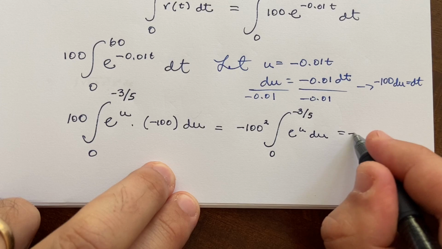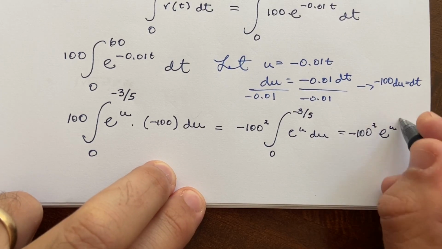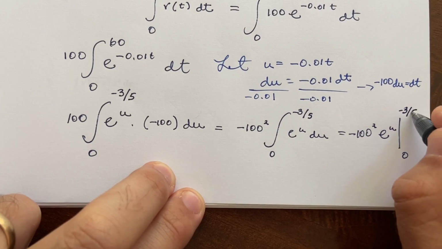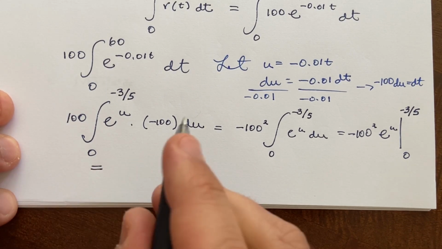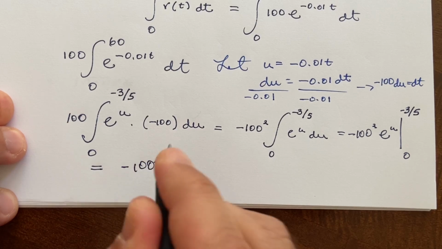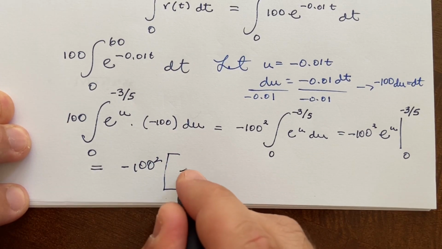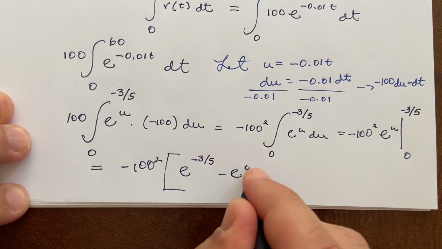So this would be equal to negative 100 squared times e to the u, and then evaluated from 0 to negative 3/5. So we would get negative 100 squared times e to the negative 3/5 minus e to the 0.